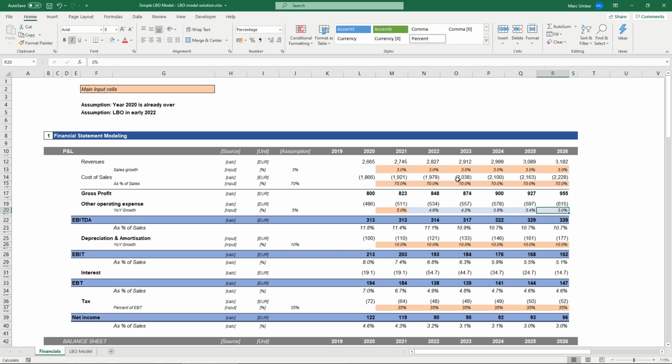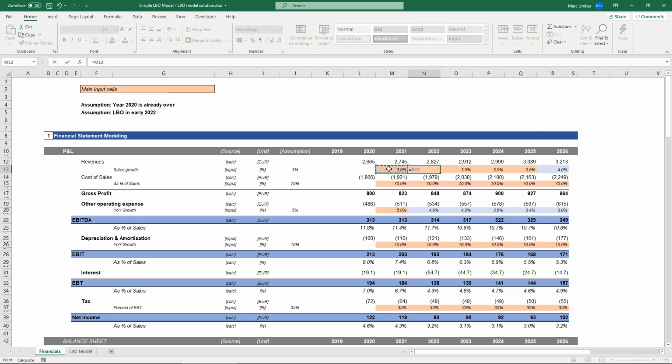Okay. Let's further assume that we can increase the growth by 1%, also on a linear basis. Let's do this. So let's take this plus the difference between the target of 4% divided by the count.